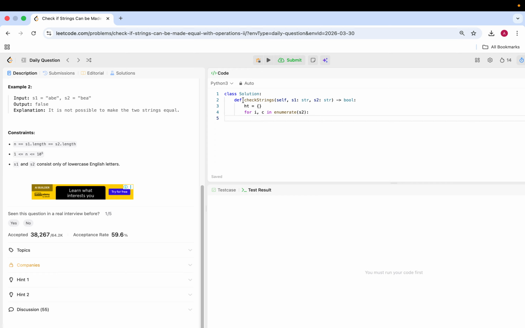So for each, knowing the index and the character, if C not in HT, if I mod 2, how do I want to do this? I really need to get better with hash tables, like just writing them out in Python, because I feel like I could make this a lot easier for myself. I say this a lot, but I never think to do it.